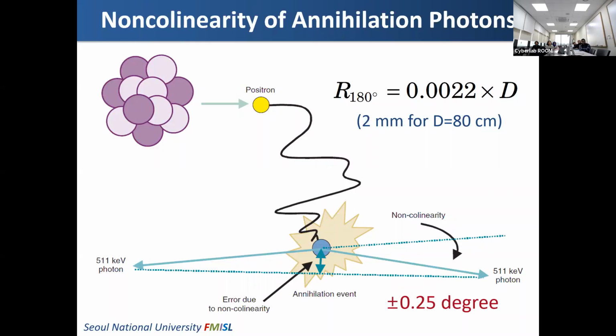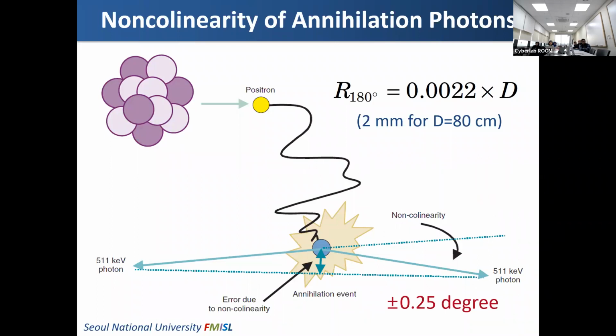So this explains what is the non-collinearity of annihilation. As I said, the gamma rays are emitted in opposite directions, but that is not exactly 180 degrees. There is some randomness, so every time this deviation is different, there is some random fluctuation in these directions.